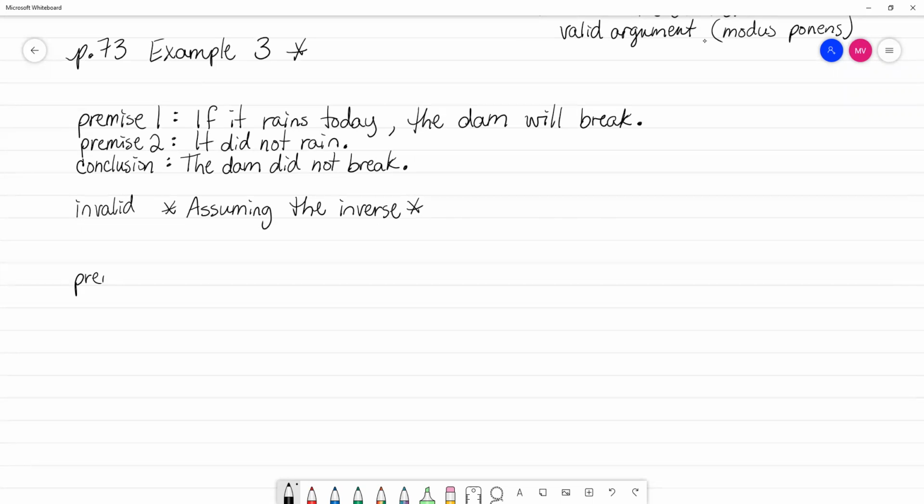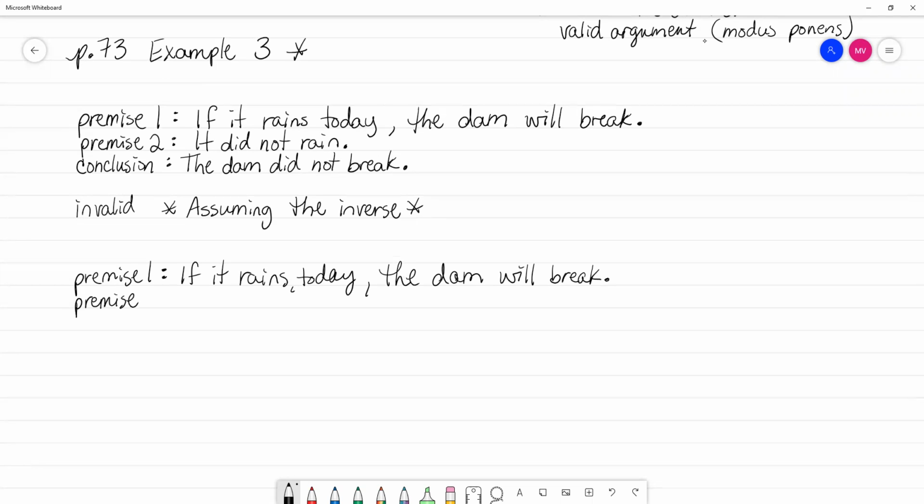Okay. All right. So let's look at assuming the converse then. So again, we have the same premise. Premise 1, if it rains today, the dam will break. Premise 2 tells us the dam broke.